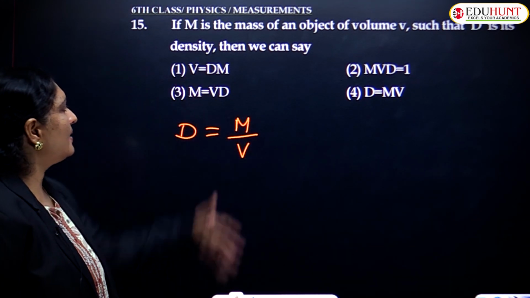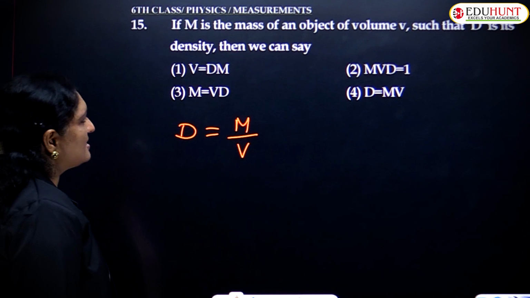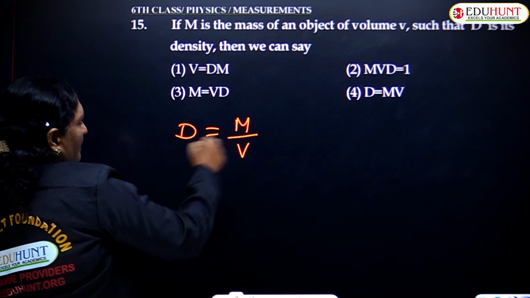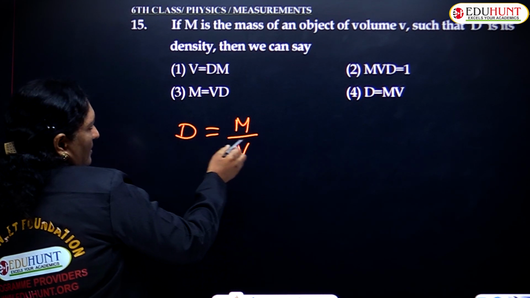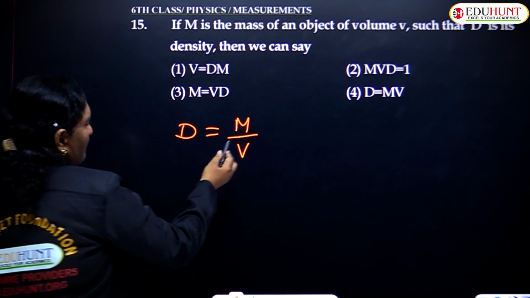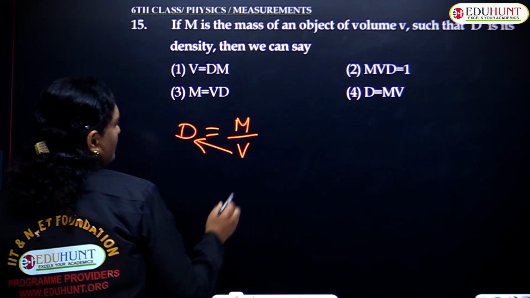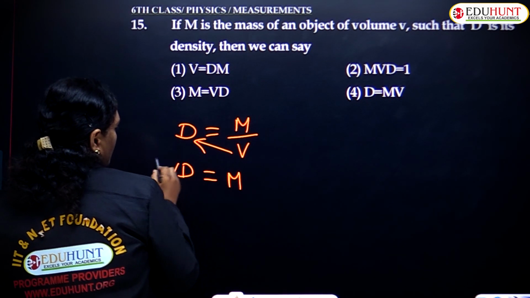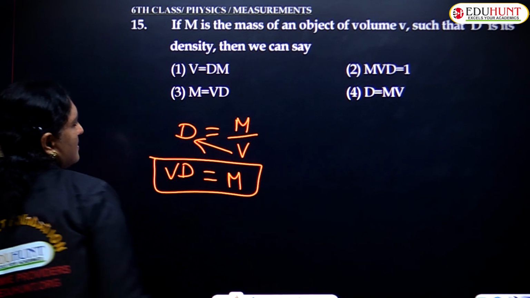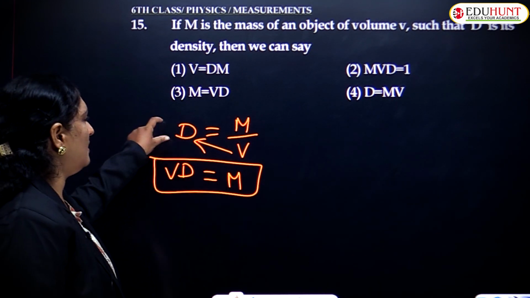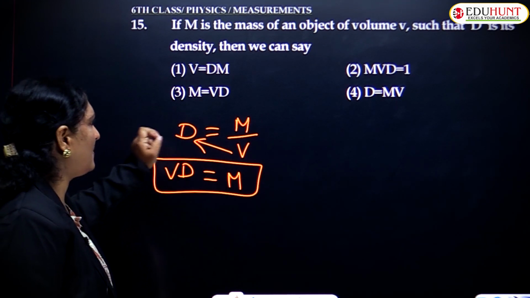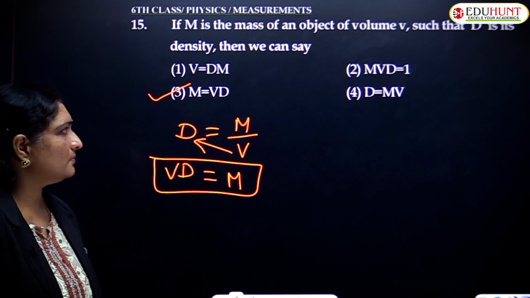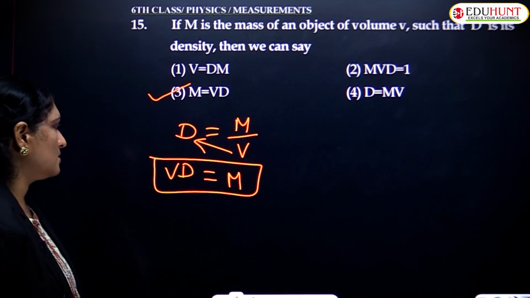So no such formula is there because no division is there. What is the value of v? m by d. Let me bring this v to the other side. Then m is equal to v into d. The denominator will become numerator. So m is equal to v into d. The other options are absolutely false.